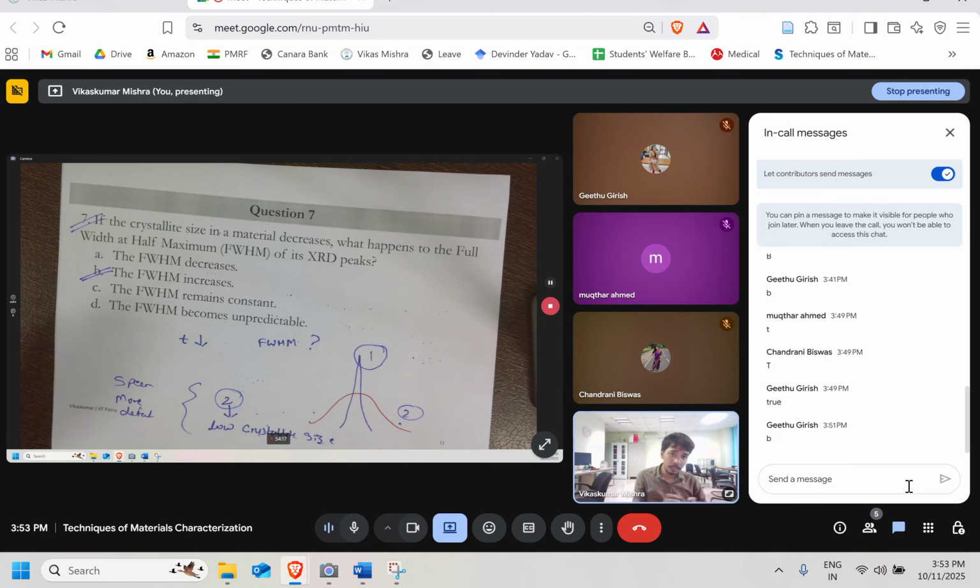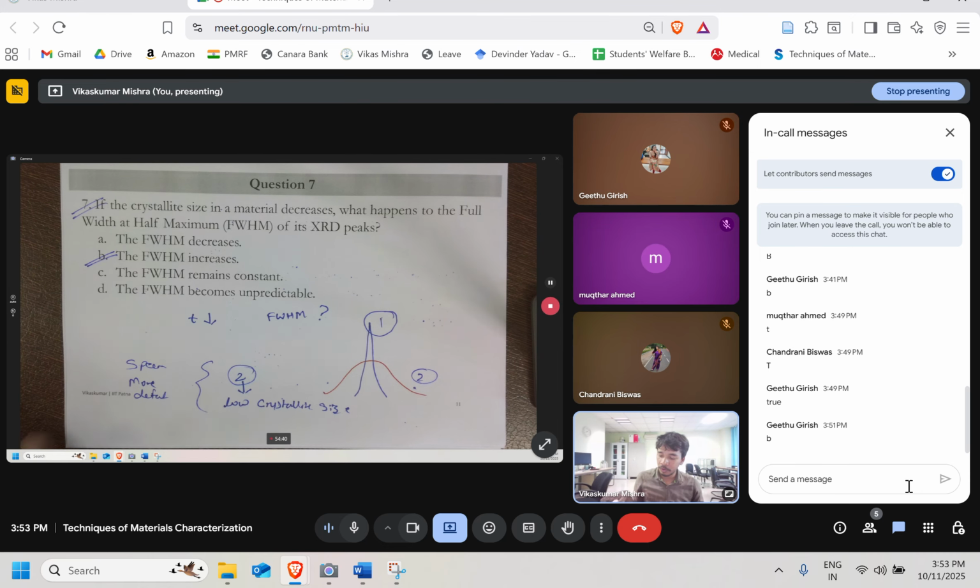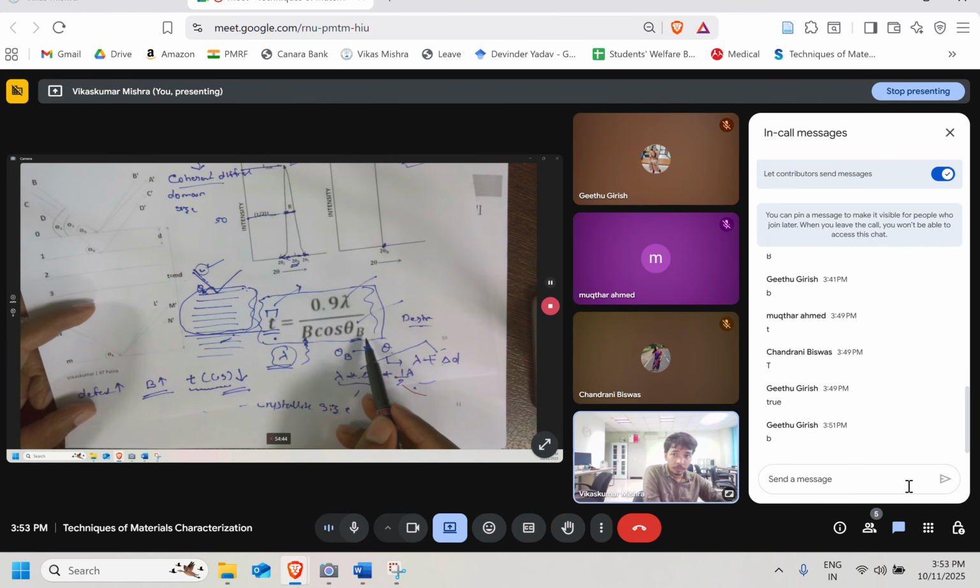You can just look at your XRD and conclude certain small things: whether the crystallite size is more or less, to which angle the peak has shifted, right side or left side, and whether lattice expansion or contraction is happening. Later, if you want to quantify the crystallite size, we have the Scherrer equation.